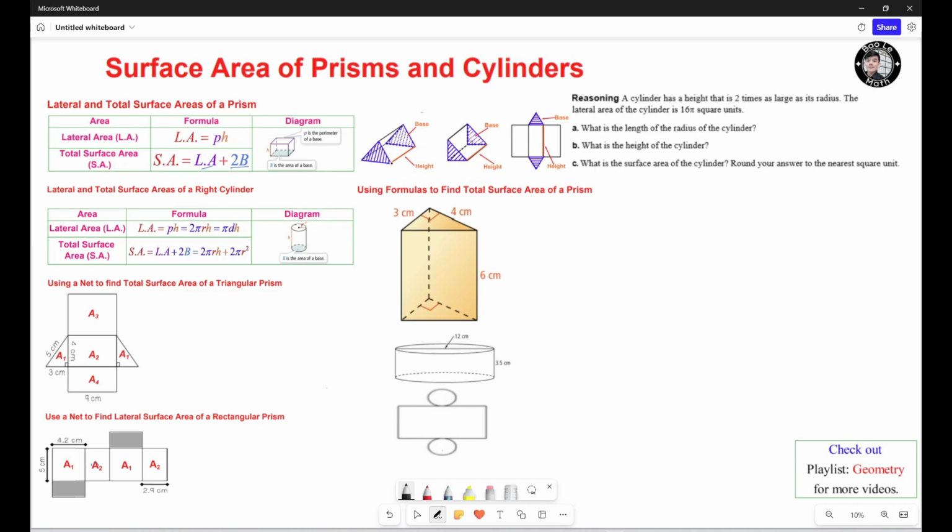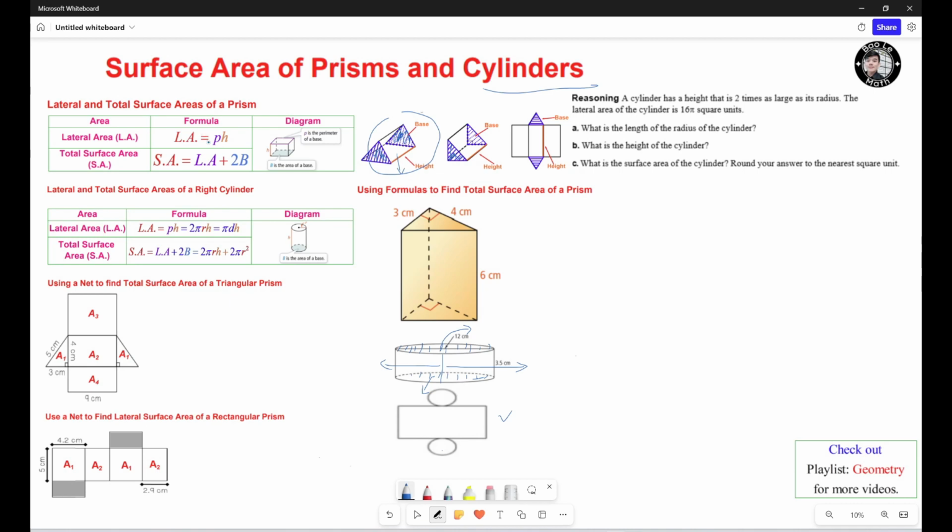So if you look at this one, here's the height. Here's the height. Or here's the height. If you look at this figure right here, you have two bases, so the height must be 6.